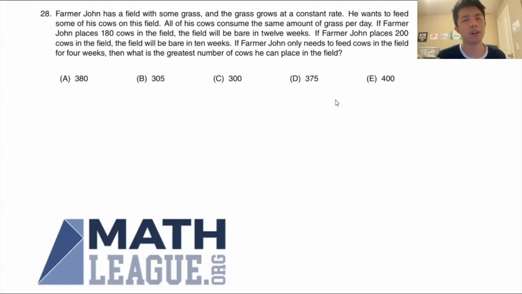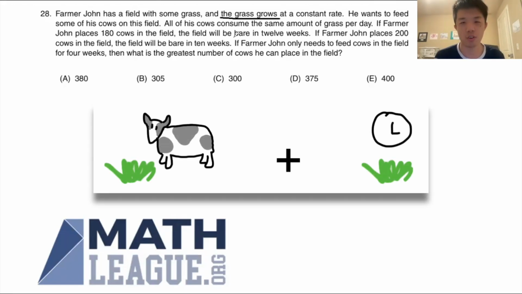So the first thing we should note is that in this problem, the grass actually grows. So you can think about the amount of grass in the field as being dependent on both how much has been eaten by the cows and also, over a period of time, how much the grass grows.